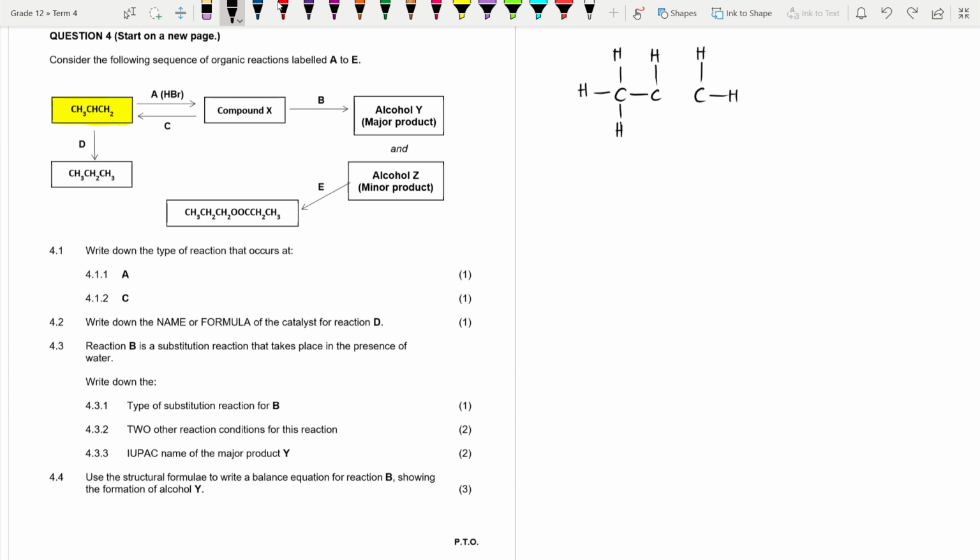Good. So making this a double bond, we can see that each carbon is attached to 4 bonds, which is good. If the carbons are not attached to 4 bonds, it's not correct. So here it's 1, 2, 3, 4 for the first carbon. The second one is 1, 2, 3, 4 because of the double bond, and so is the last carbon.